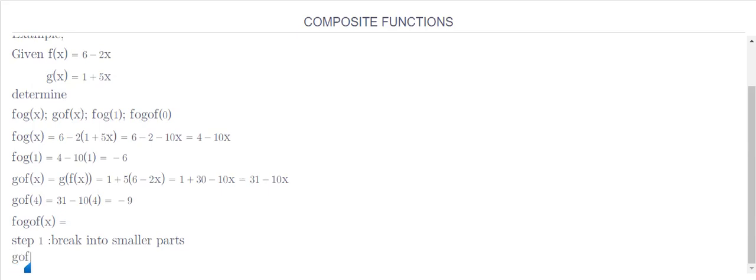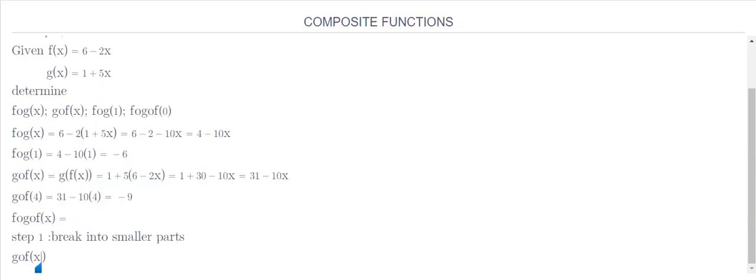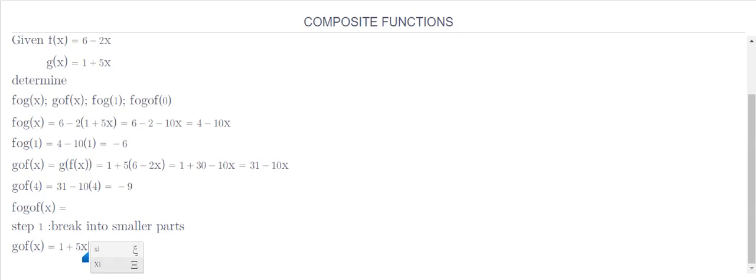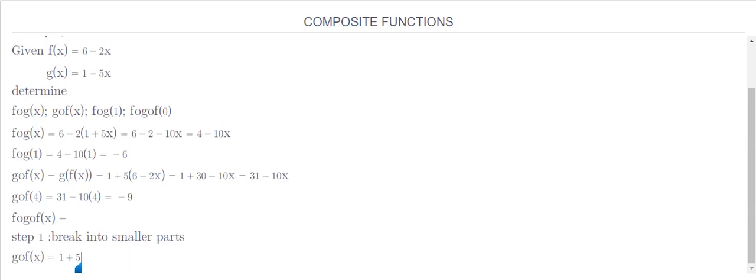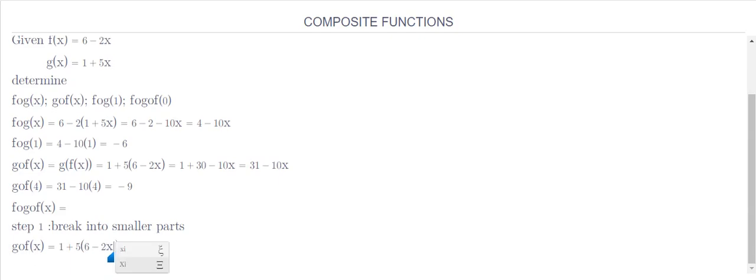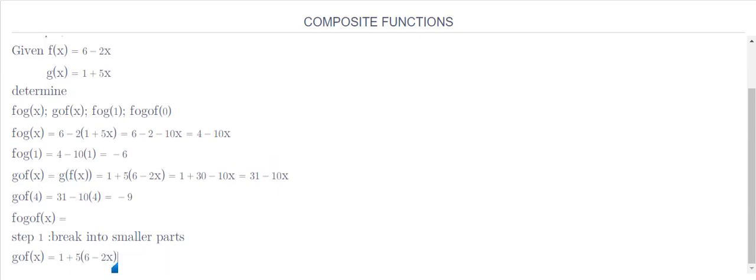So g of f of x is going to be equivalent to, take f, substitute in g. What is our g? G is 1 plus 5x. So rather than writing x, we are going to substitute it with f, and our f is, use bracket, 6 minus 2x. So when you solve this, which we already did here, g of f, it's going to give you 31 minus 10x.